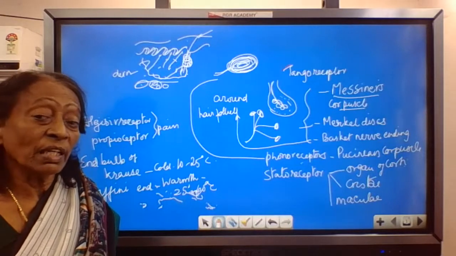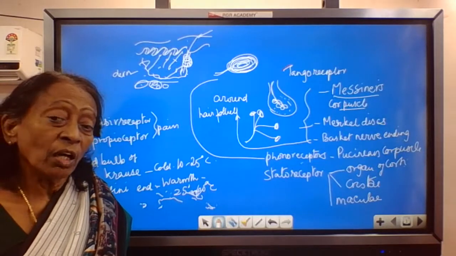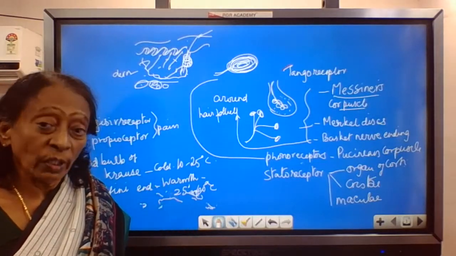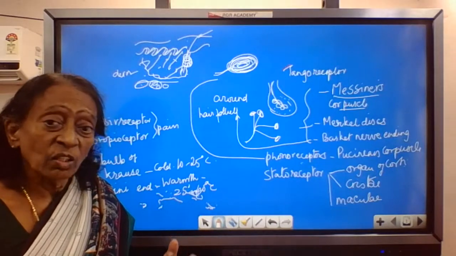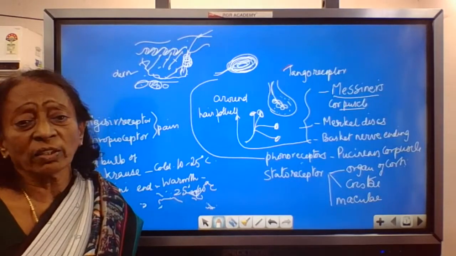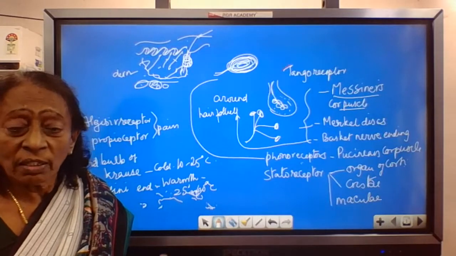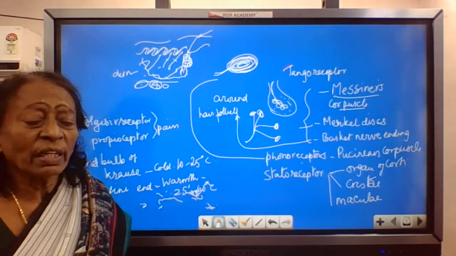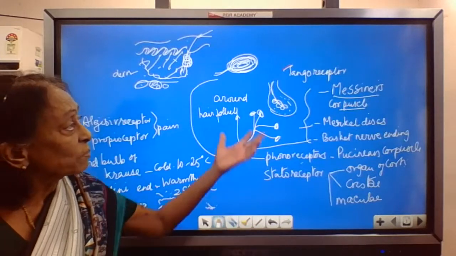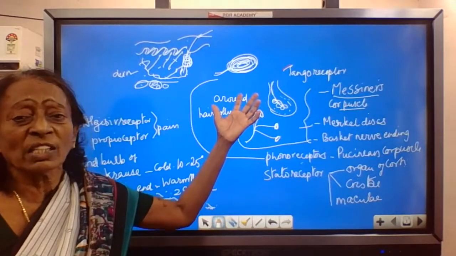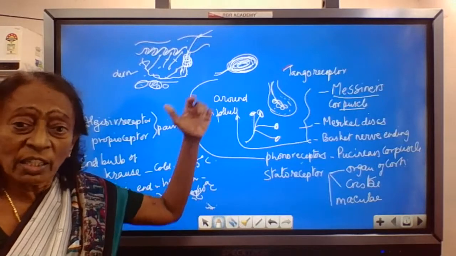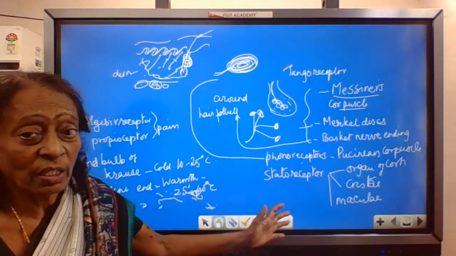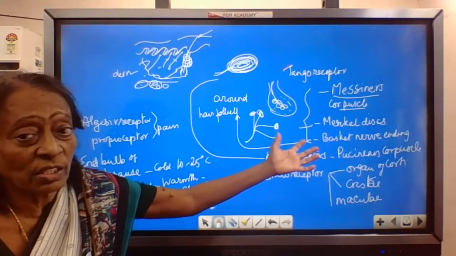The stimuli can also be chemical, photochemical like sunlight, electrical or electromagnetic. These are the different types of mainly mechanical stimuli acting on your skin, and mainly the skin is the organ.